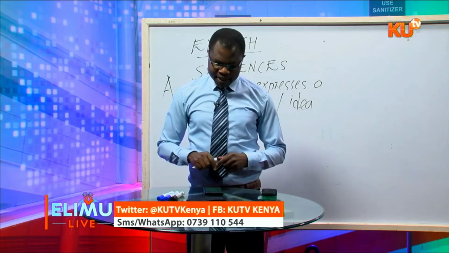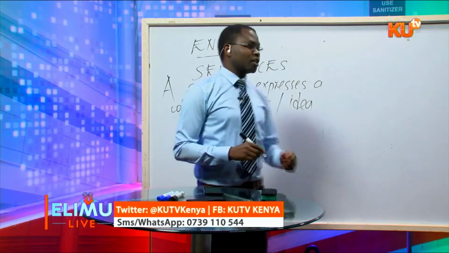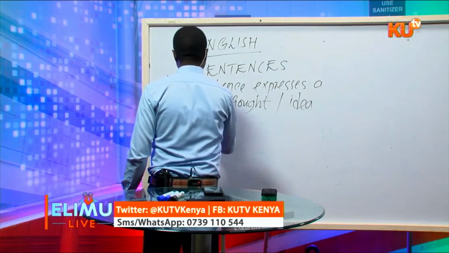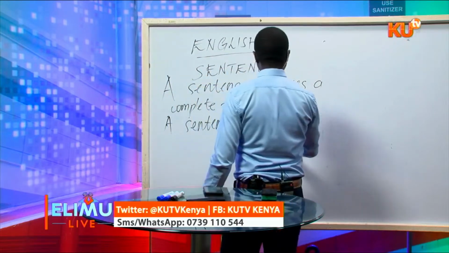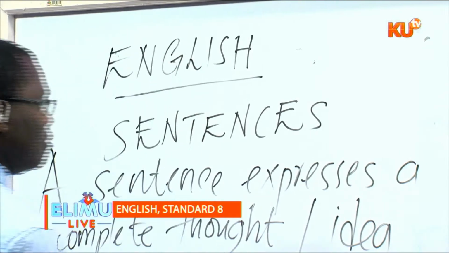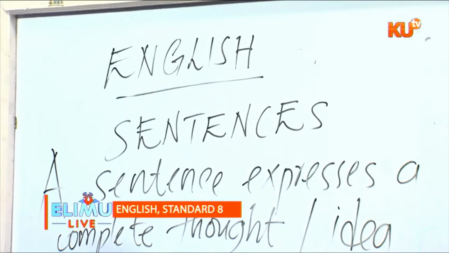Number 2, a sentence always has a subject. So a sentence has a subject, then it also has what we call a verb.